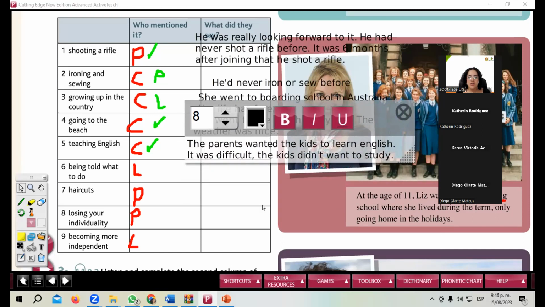All right, continuing with Jessica. Being told what to do. Who said that? Is it Liz? No, it was Catherine. She talked about the au pair. What did you get from this part?